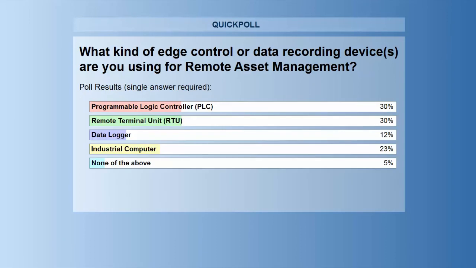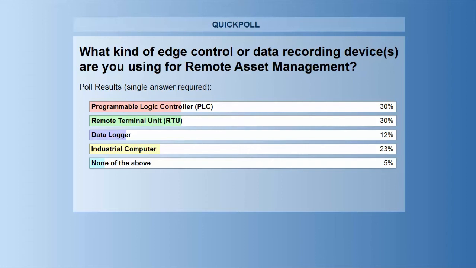All right, so here's a simple poll. As you can see, most of our users are still using programmable logic controllers and remote terminal units. This does not surprise me because a lot of our water and wastewater and oil and gas systems are legacy systems.